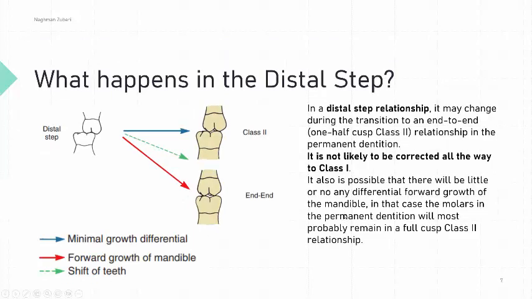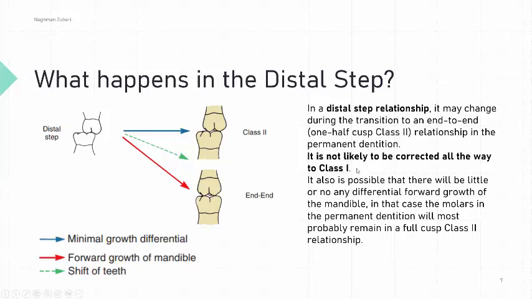What happens in the distal step? In a distal step relationship, it may change during the transition to an end-to-end or one half cusp class 2 relationship in the permanent dentition. But remember, it is not likely to be corrected all the way to class 1.